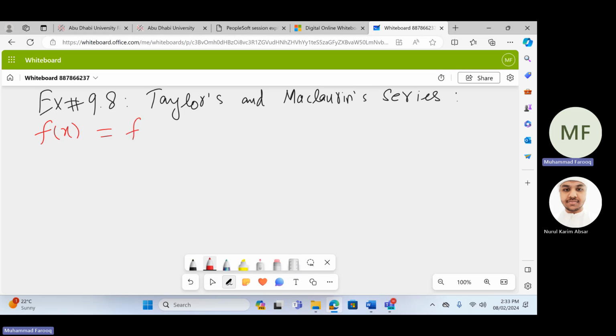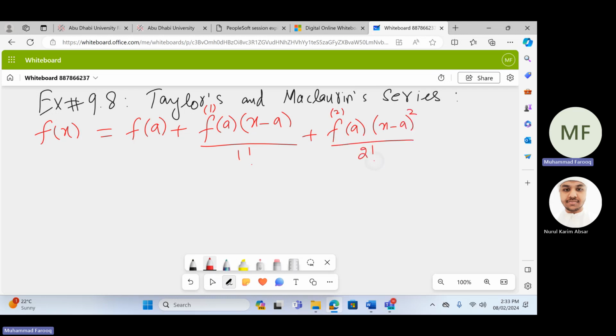So f of a plus the first derivative at a times (x minus a) power 1 divided by 1 factorial, plus the second derivative at a times (x minus a) power 2 divided by 2 factorial, plus the third derivative at a times (x minus a) power 3 divided by 3 factorial, plus, and of course it continues.